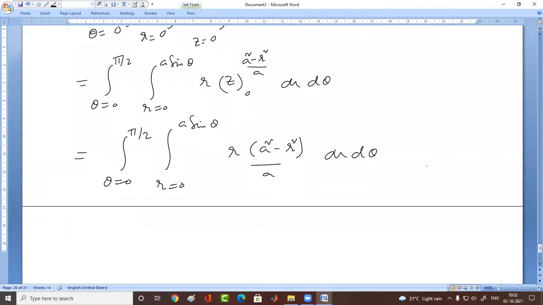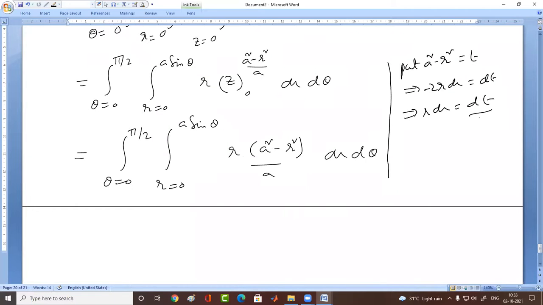Now integrate with respect to r. Listen carefully, simple integration. If you put a squared minus r squared equals t, then minus 2r dr equals dt. Here we have r dr equals dt/(minus 2). Now what about this integral without limits? r dr is dt/(minus 2), and this is t. Okay, the constant we will come to later. Minus 1/2 times t squared/2.